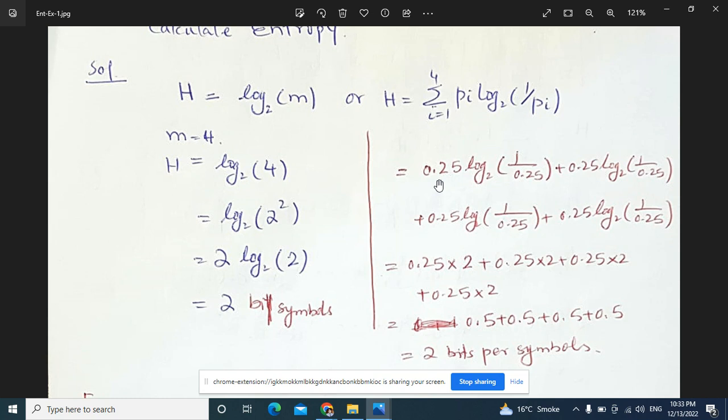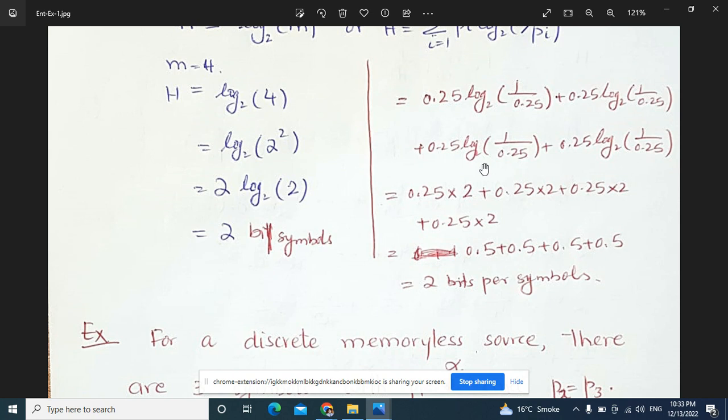You can even write it individually: 0.25 log 2 of 1 divided by 0.25, repeated four times. So 0.25 multiplied by 2, four times, which is 4 times 0.5, and you still get the same answer, 2 bits per symbol.